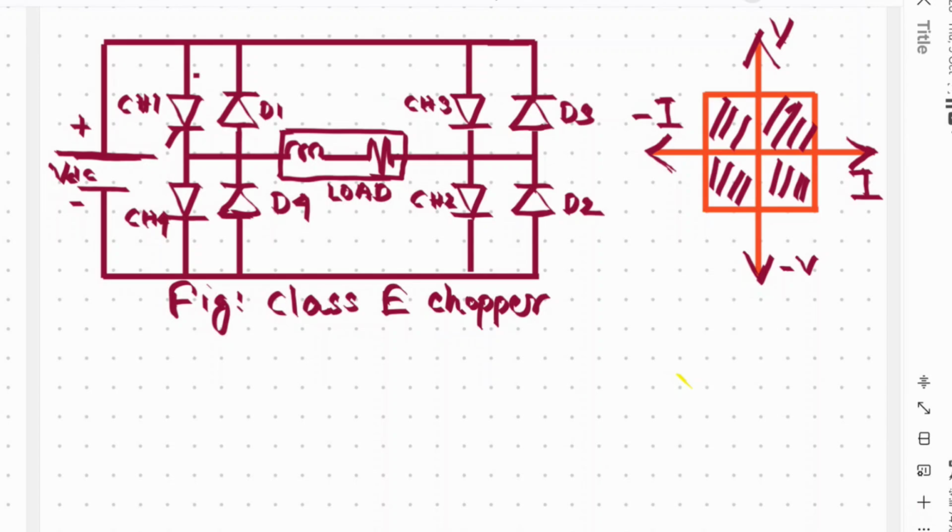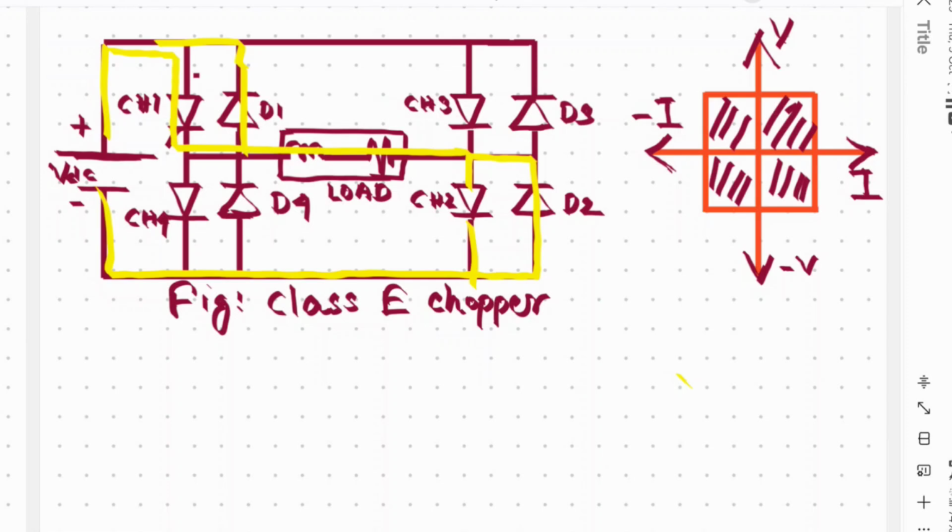This class E chopper is a combination of two class C choppers. If we make a combination of chopper 1, chopper 2, diode 1 and diode 2, with the load, this circuit will make a class C chopper.